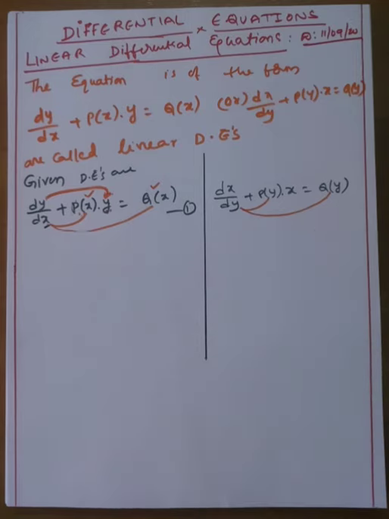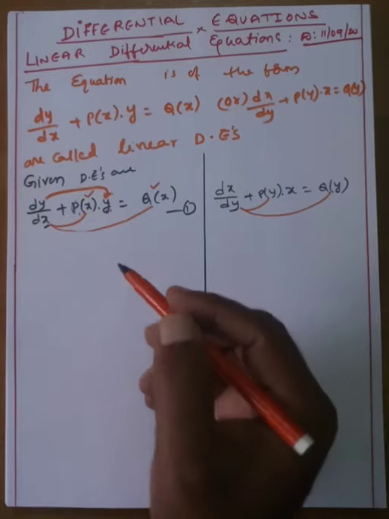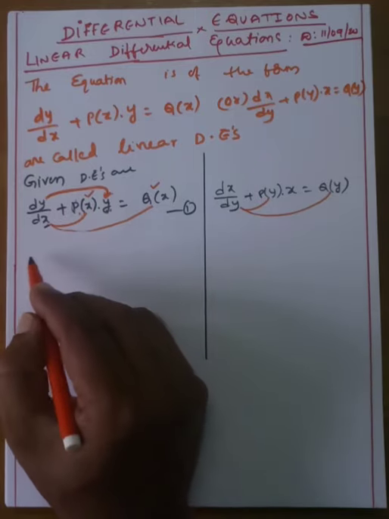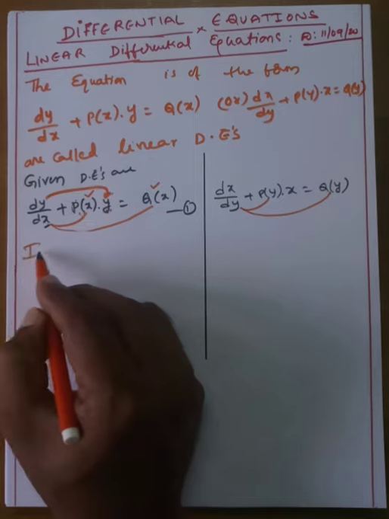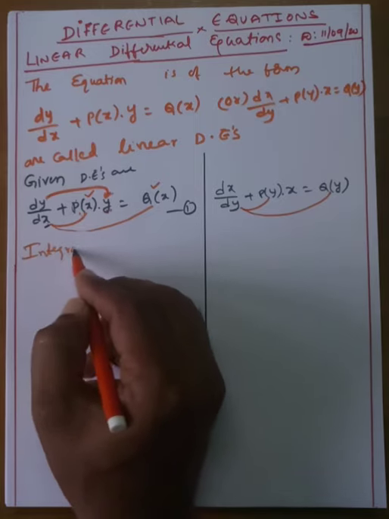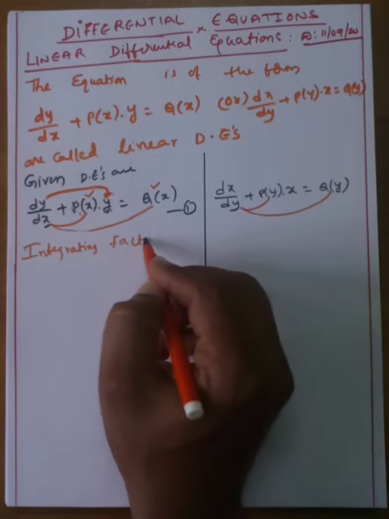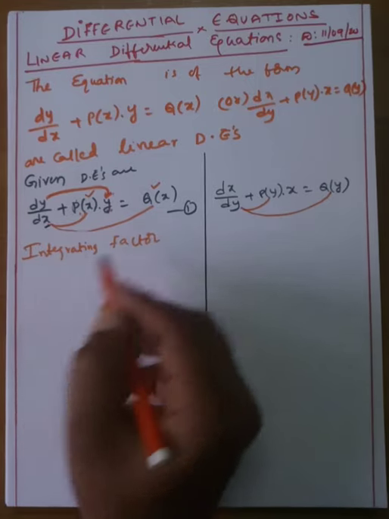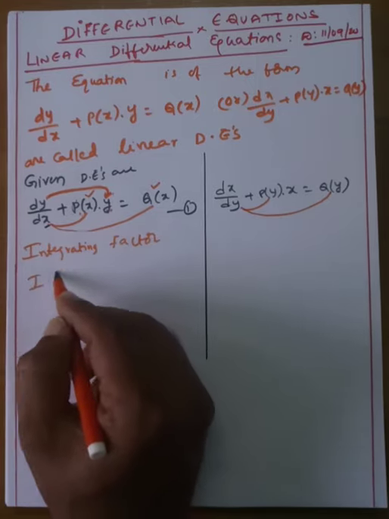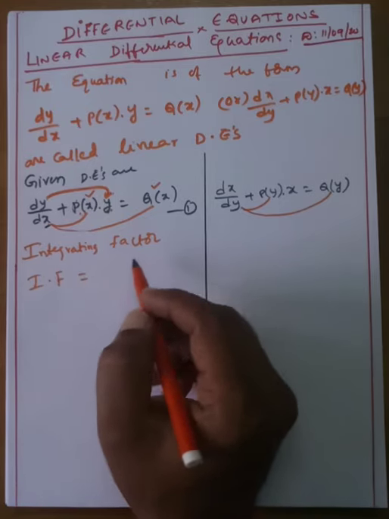Okay, my dear students, after that, did you identify or not? Yes, you understood or not? After that you will find, this is p of x, you find the integrating factor. This is called the integrating factor, IF. What is the integrating factor?